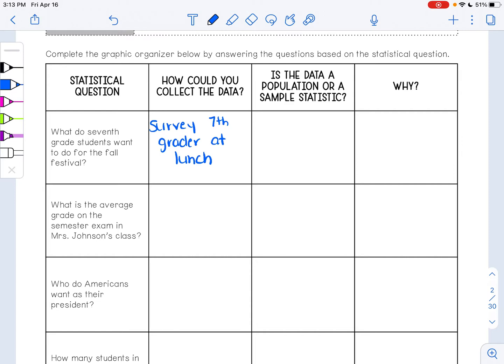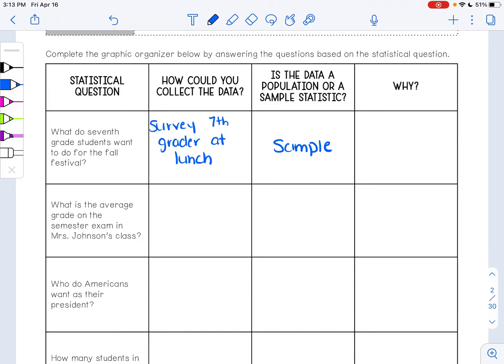The next thing we want to think about is, is the data a population or a sample statistic? So if we surveyed 7th graders at lunch, this would be just a sample. So you're not going to get all of the 7th graders.